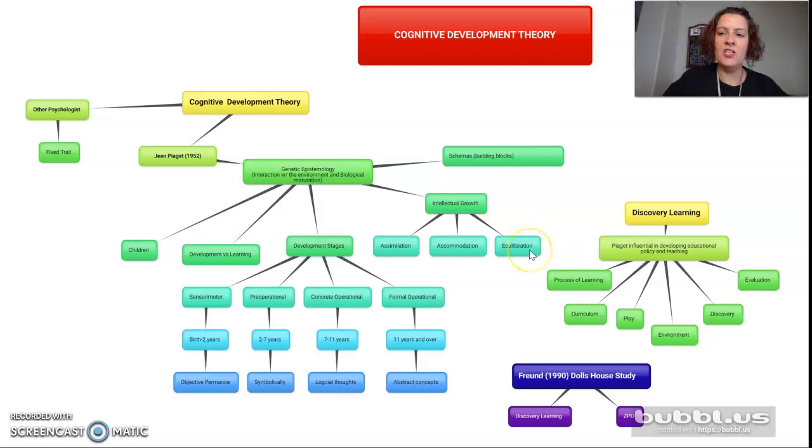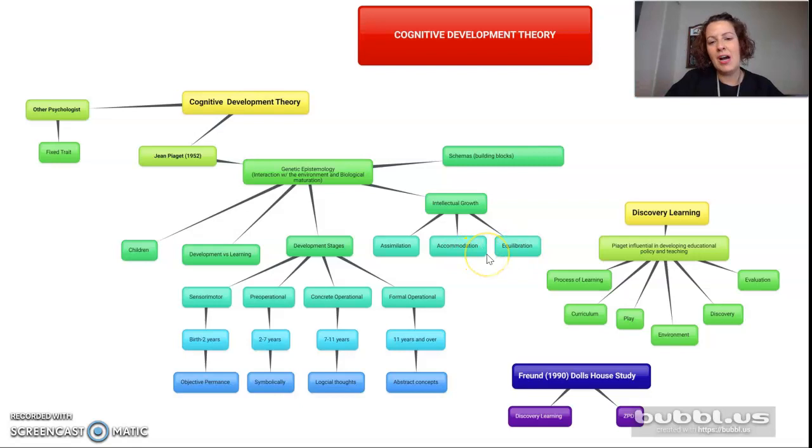Equilibration is the driving force of the intellectual growth. So you're coming in with a balance. It's equal. You're not in a state of mayhem all the time with trying to have that growth. So you're building appropriate schemas, and they're nicely cohesive together, so you're able to continue to grow.